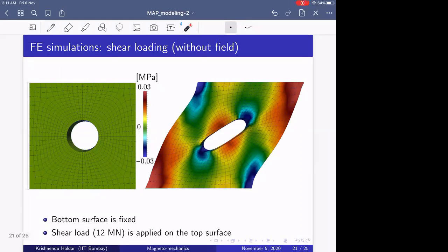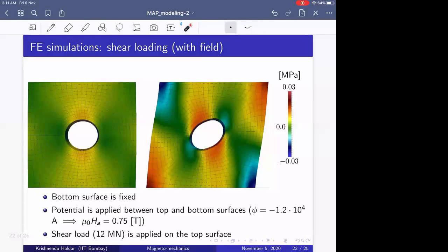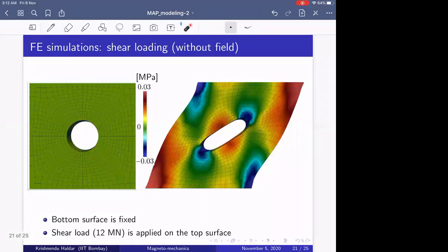Now the very next step, you are switching on your magnetic field. You are applying a scalar potential between the top and bottom surface, such that it creates a magnetic field of around 0.75 Tesla. The mechanical boundary conditions are the same: the bottom surface is fixed, and you are applying the same shear load on the top surface. You can see that the final configuration is way different from what we observed with no field.